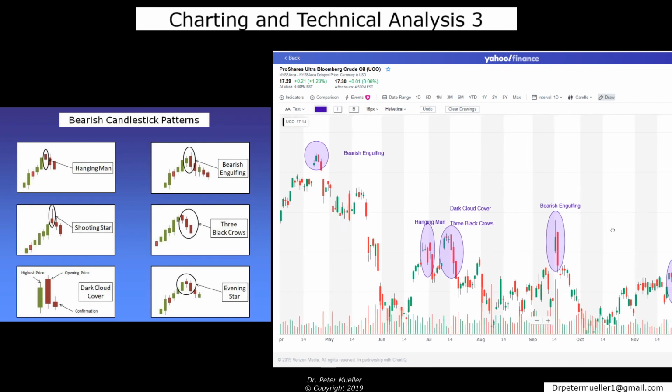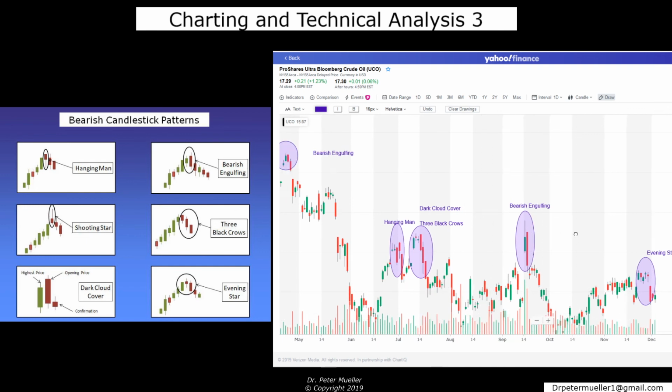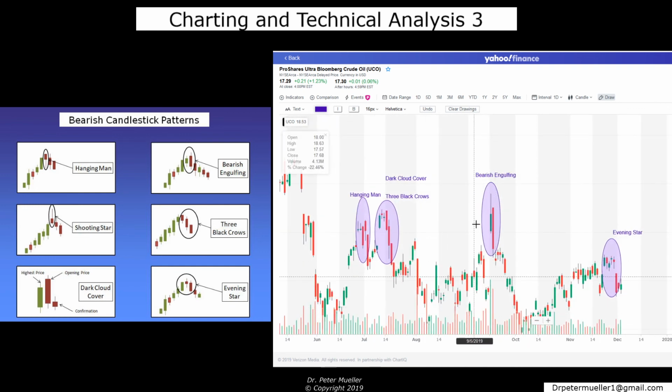And here on the right hand side, we have another bearish engulfing example, a huge red candlestick following this green one on the top, indicating that we would expect a bearish trend, which actually happened here.